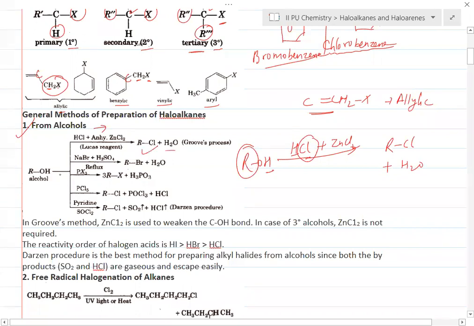Similarly, if you take alcohol and react with NaBr, Na and OH come out, and R combines with Br to form RBr.